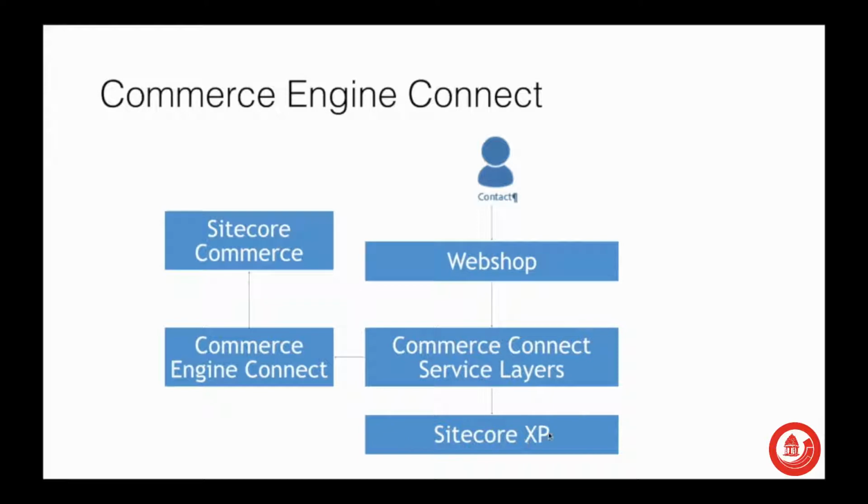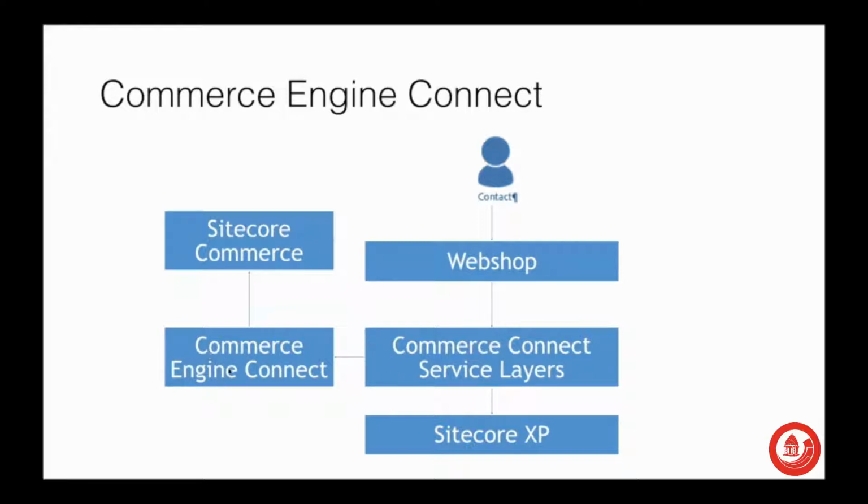The abstract service layer talks to the commerce engine connect. Now, for example, whenever the user adds a product to cart, these abstract layers and the pipelines that are defined in the configuration files invoke the class that is implemented in the commerce engine connect.